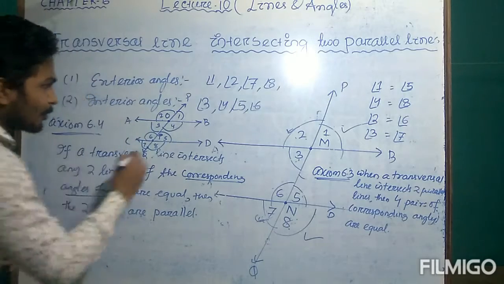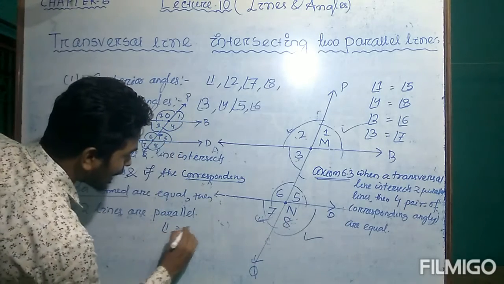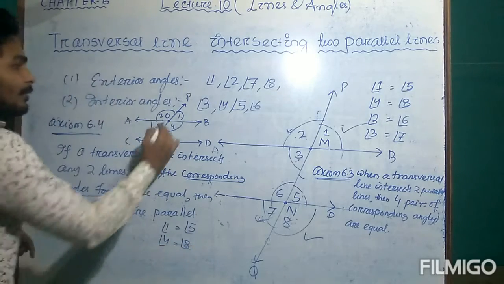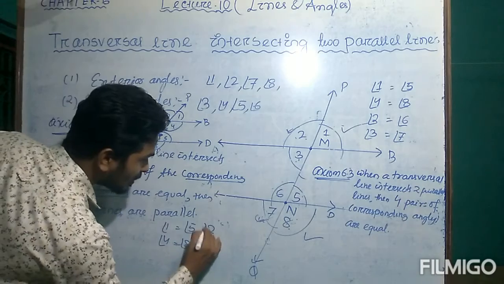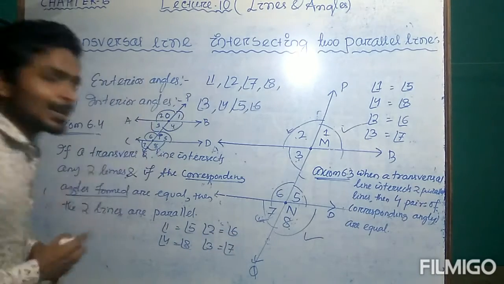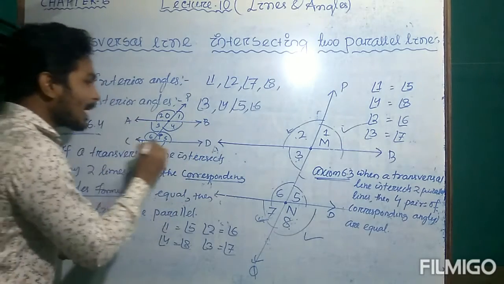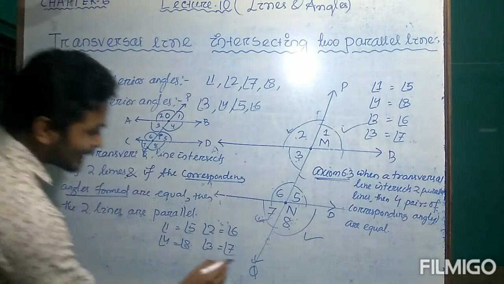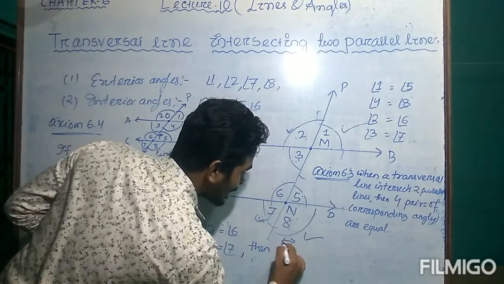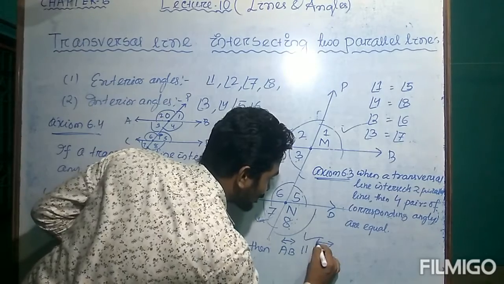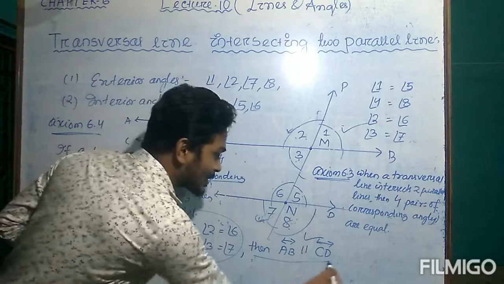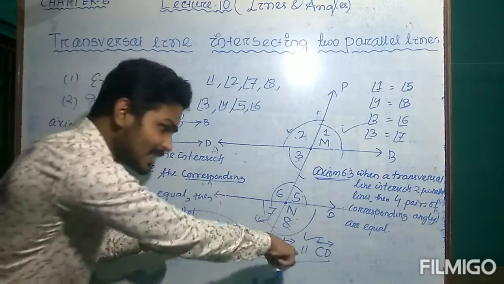So here if 1 and 5 are equal, if 4 and 8 are equal, if 2 and 6 are equal, and 3 and 7 are equal, then you can say AB line is parallel to CD line. Okay, so then you have to write, then AB is parallel to CD. Okay, so here this is the condition, right? And this is the result. Due to this condition, this happens.